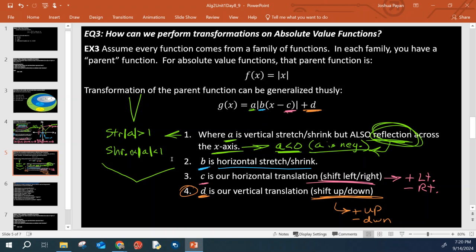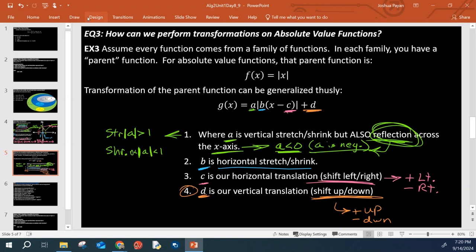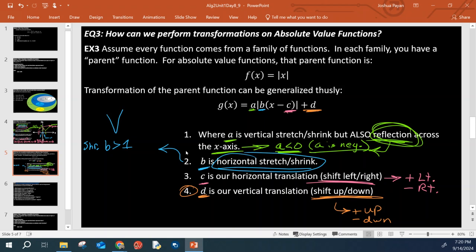So here, let's go ahead and make the generalization. Okay, and I'm going to erase, give myself some room. Let's talk about horizontal stretch and shrink. So when B is greater than 1, that's what we call horizontal shrink. This means we're shrunk horizontally.